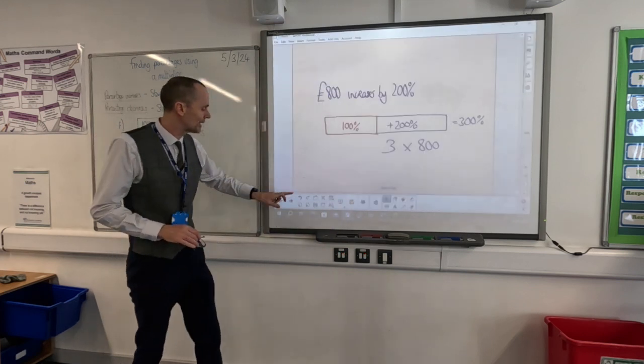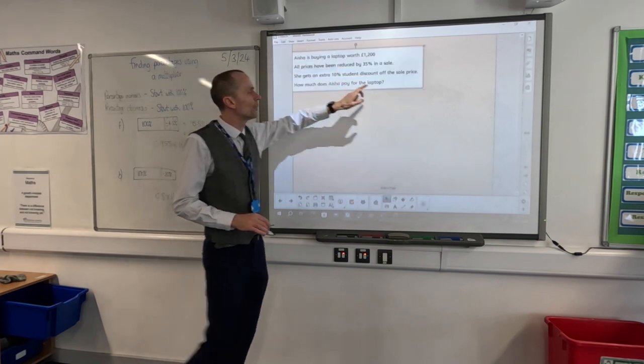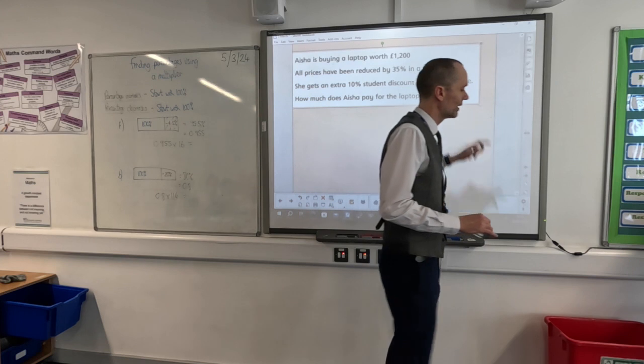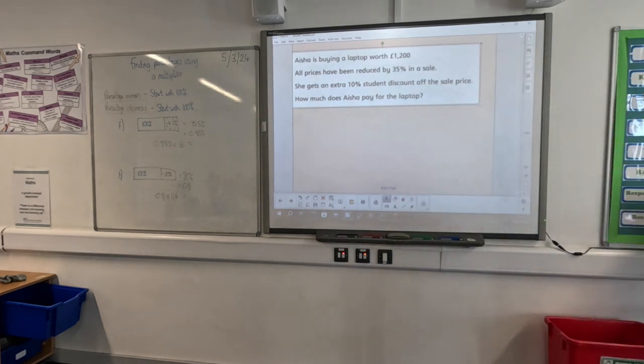Okay, so let's now start to shift into more than one change happening. A 35% decrease followed by a 10% decrease is not a 45% decrease.